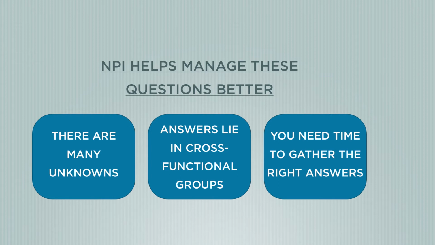So what this new product introduction process does is help manage this in a better way. You can run from pillar to post, in an ad hoc fashion, from one person to another in the group, trying to figure out what you should do next. But over time in businesses, this mad rush of figuring out what the next product should be has been streamlined into a methodical process, so you can put some method to this madness.